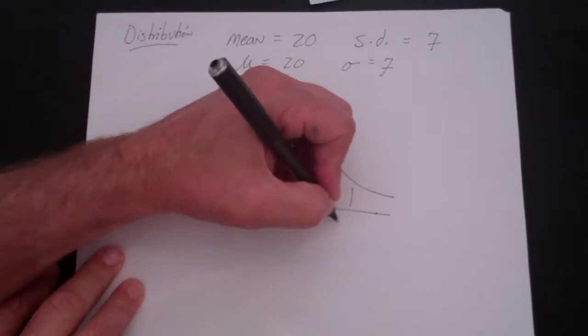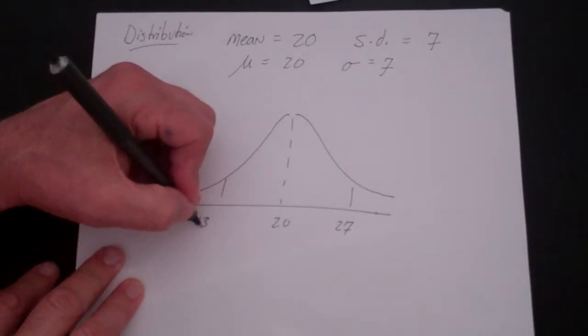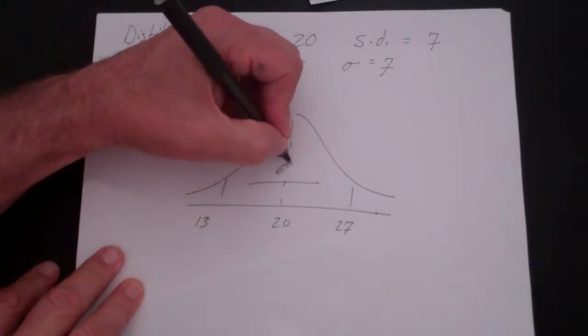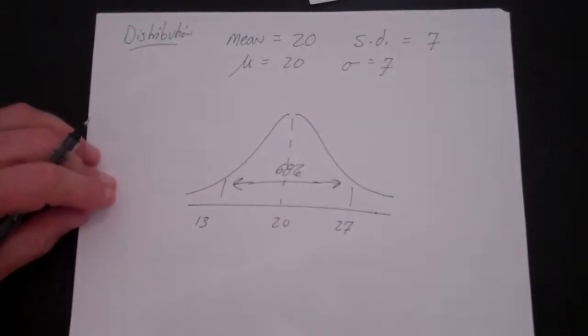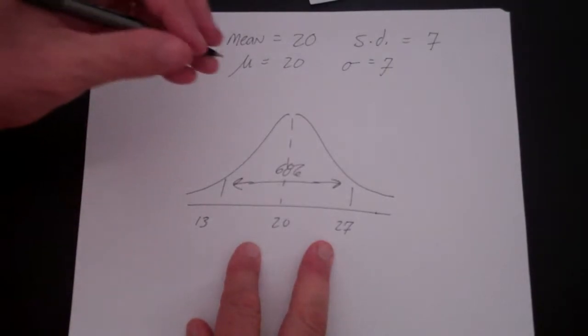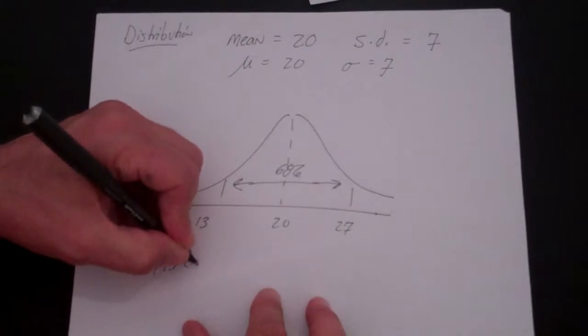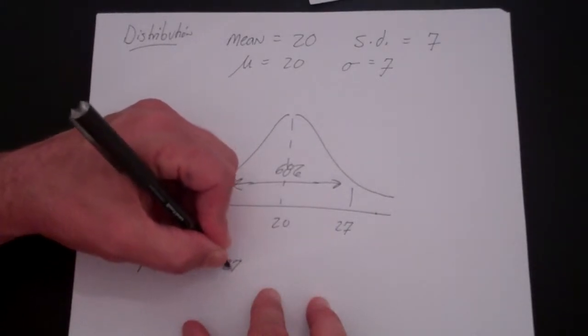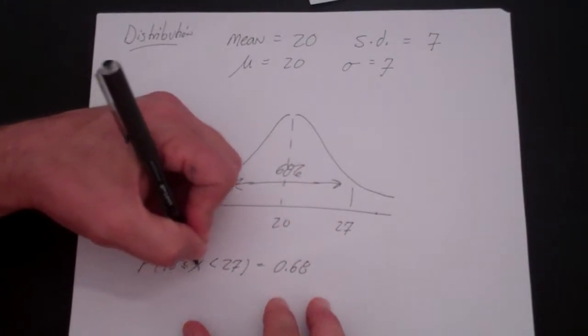If you add 7 and subtract 7, then you get 68% of the population would fall between 13 and 27. So the way to write that would be the probability that x is between 13 and 27 is 0.68. And we could also use less or equal, it wouldn't matter.